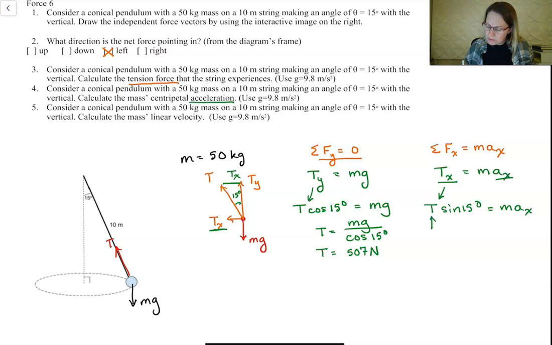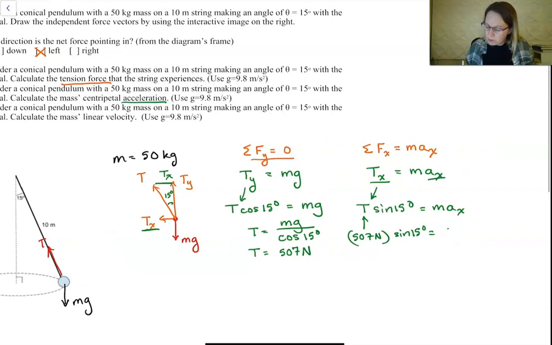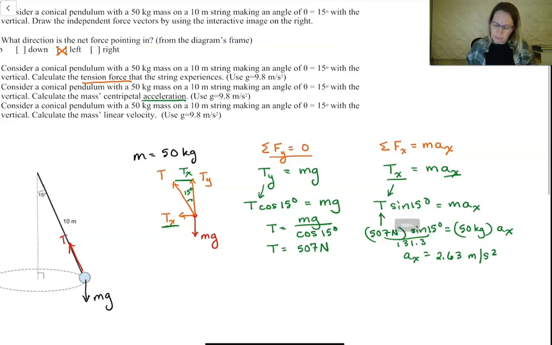So 507 newtons times sine of 15 degrees is equal to 50 kilograms times ax. After I do this calculation, I get ax equal to 2.63 meters per second squared.